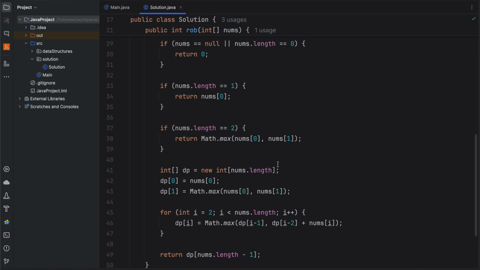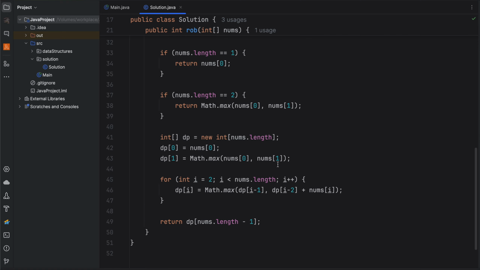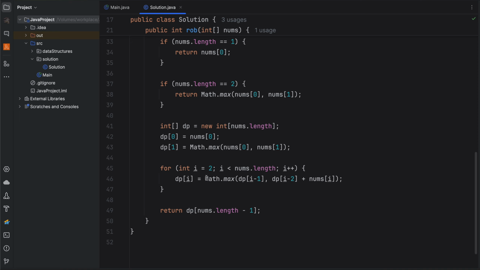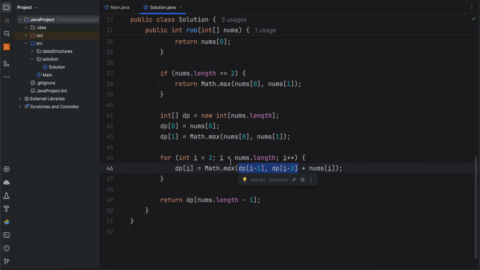I'm not going to do it here because I leave it to you, but just to give you a hint, anytime we are calculating dp of i, we are only considering the previous two sub-problem solutions. Having said that, we don't need to keep track of all sub-problem solutions, but only of the last two.